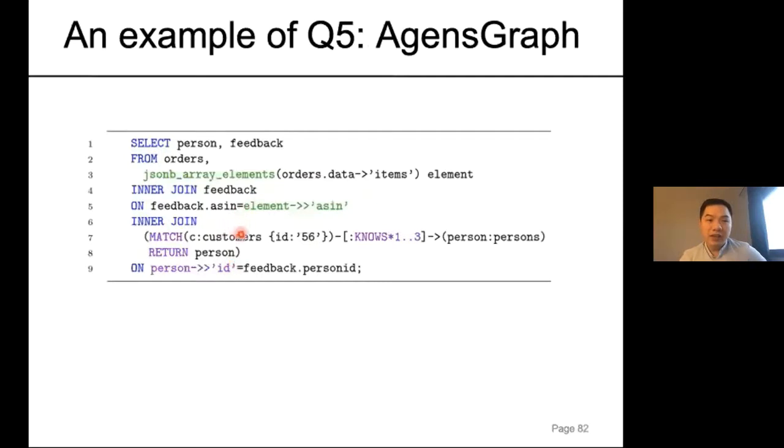And then the second join is between the intermediate results with the graph data. So particularly in line 3, we use the JSONB array elements to retrieve the item arrays in the JSON orders. And in lines 7 and 8, it leverages the Cypher syntax to traverse the graph.